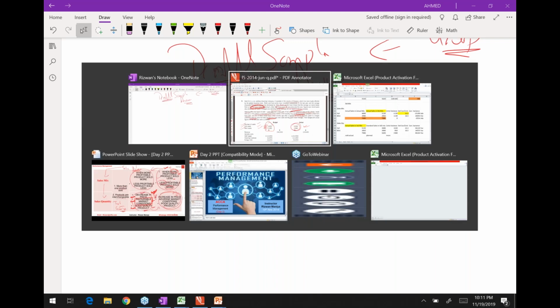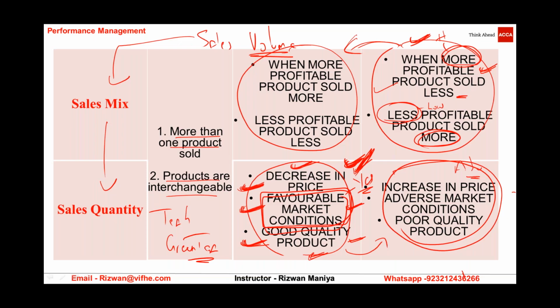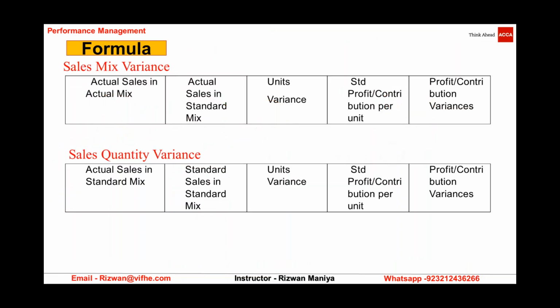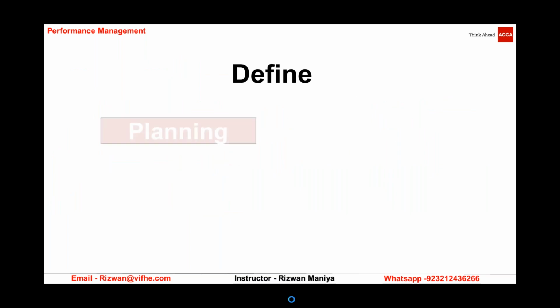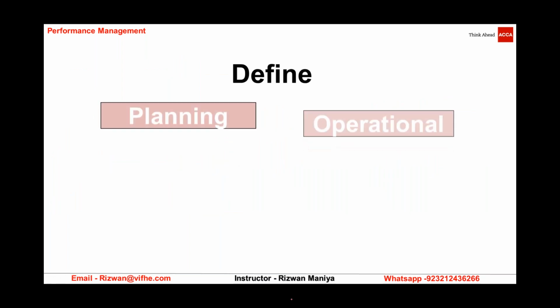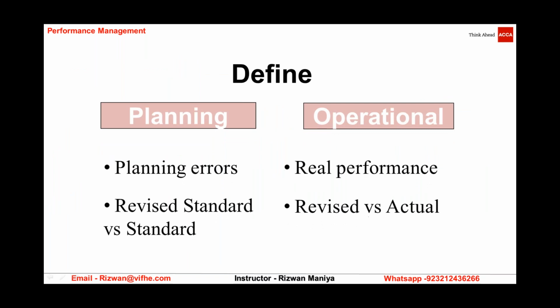Now it's time to move towards the next area, planning and operational variances. Planning variances highlight the planning errors, the planning mistakes. I'm cutting this, it is not required anymore.